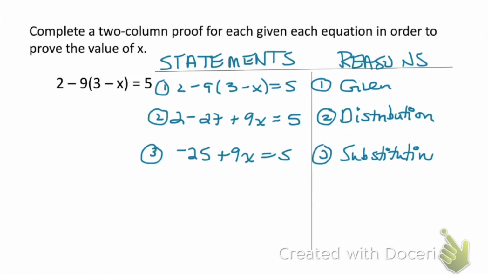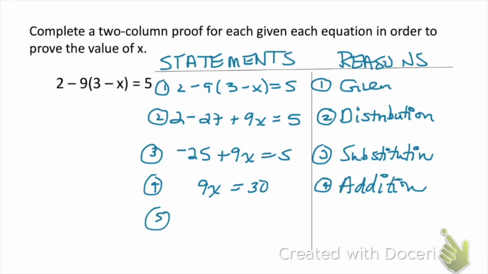From here, since we're trying to get the x by itself, that means we need to move that negative 25 over to the other side. Since it's a negative, we need to add 25 to both sides, which would give us 9x equal to 30. Since we added on both sides, it's going to be our addition property. Finally, to get x by itself, we need to divide.